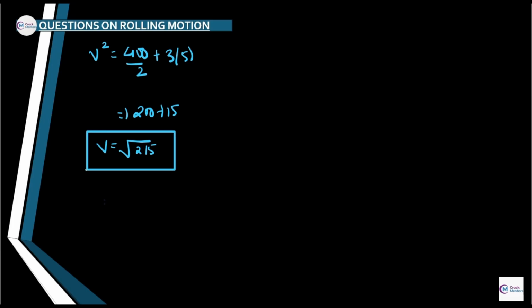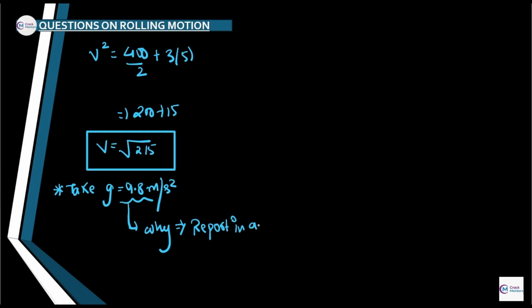My personal tip for this kind of question: take the value of gravity as 9.8 meter per second square. Why? Because there is no option mentioned regarding it, and you have to report a properly calculated approximate value.